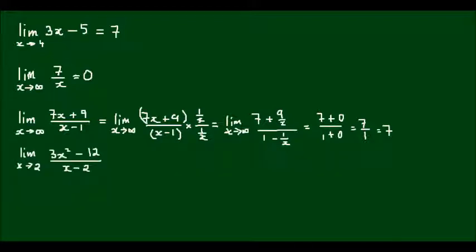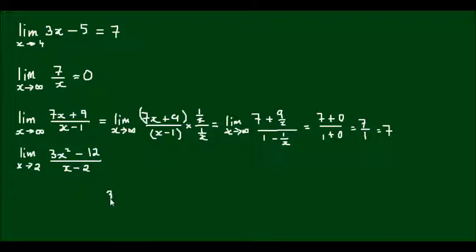Alright, the limit as x approaches 2 of 3x squared minus 12 over x minus 2 is one we've seen before, and we did that originally by constructing a table and seeing what the number approaches as x approaches 2. But there is an easier way to find the limit for this, and it involves factorization.